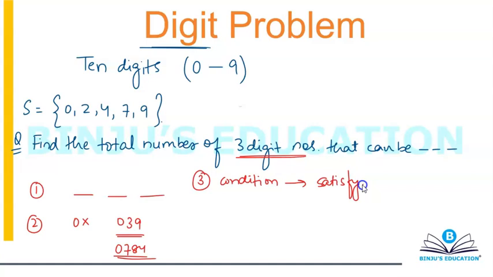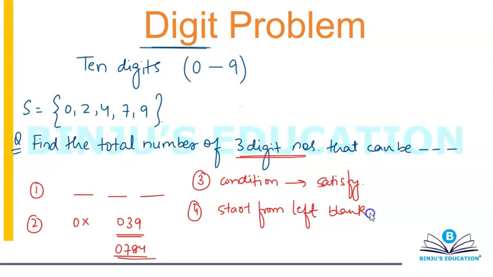And the fourth one is, always after the first 3 steps, start from the leftmost blank. There's a reason why we do it this way. I'll take up an example and try to make you understand why we do it this way. So we have a set of numbers 0, 2, 4, 7, 9.